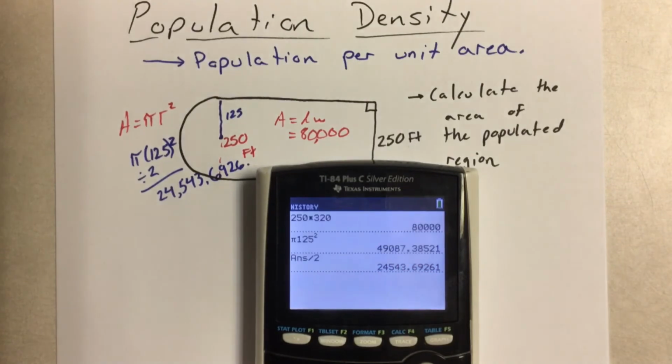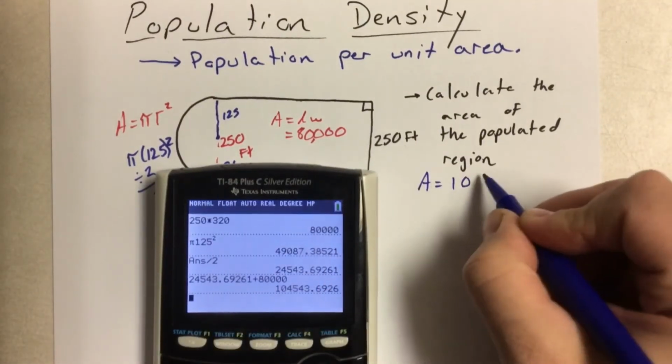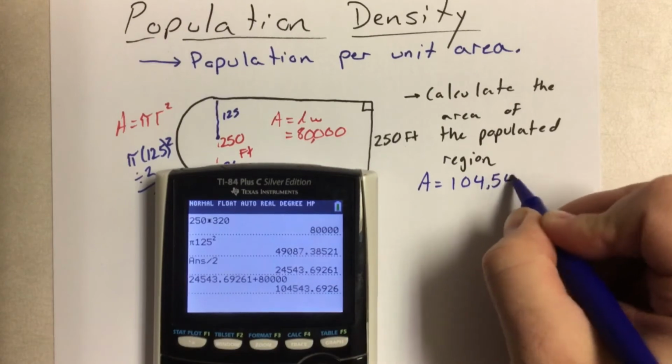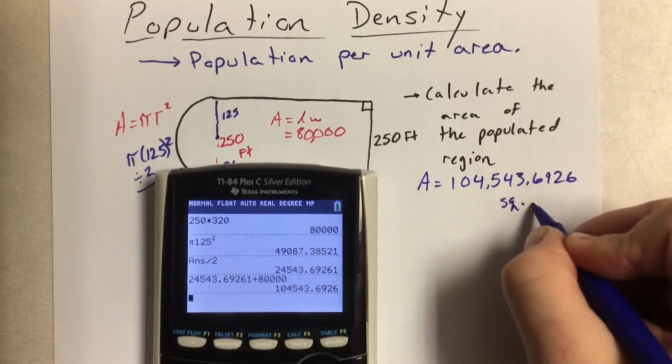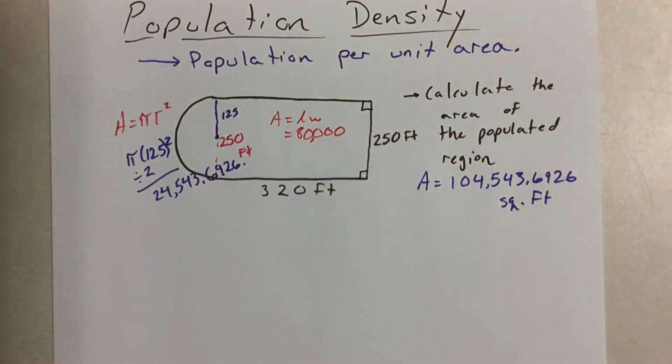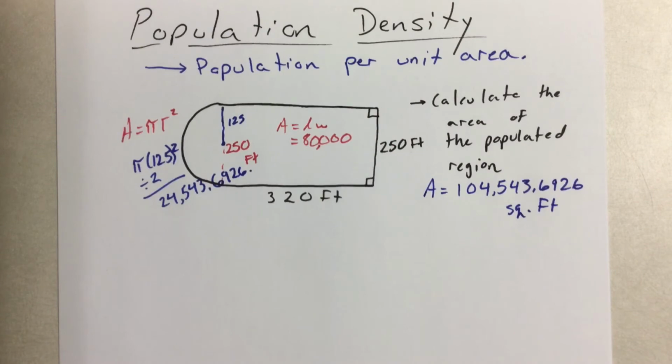So we have our semicircle, and we're going to add to that the 80,000, giving us a total area of 104,543.6926 square feet. All right, so when utilizing population density, we cannot do anything with it without knowing the area of our region. That's that.